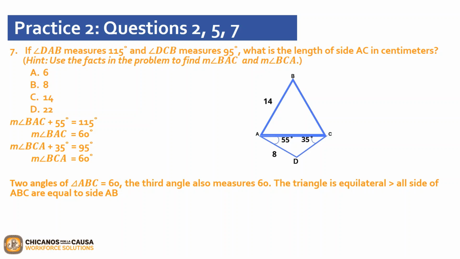So the triangle, in fact, is an equilateral, which then states that all sides A, B, and C are equal. Therefore, side AB is 14 centimeters, and side BC is 14 centimeters, and side AC is also 14 centimeters. Therefore, our answer is C, 14.